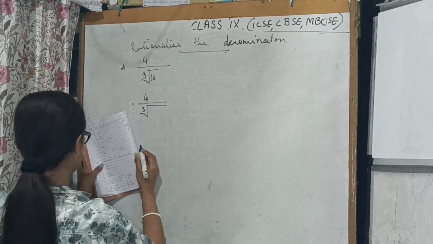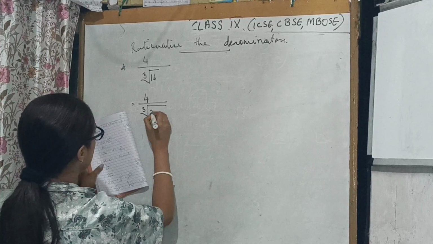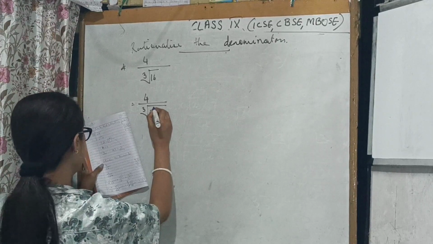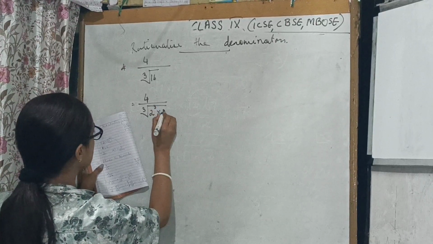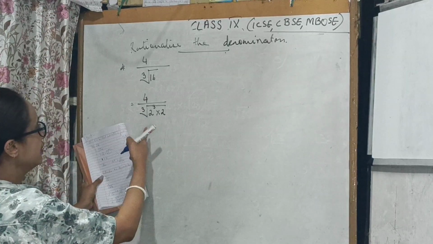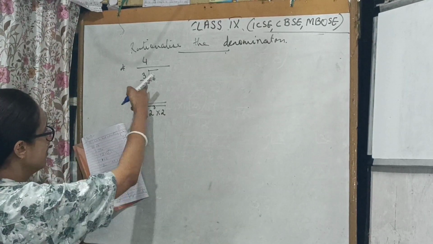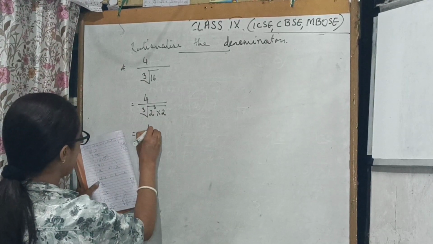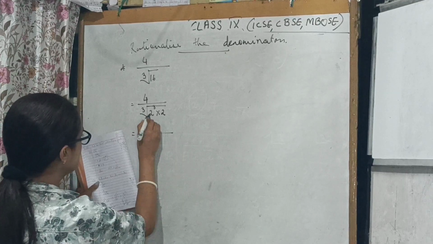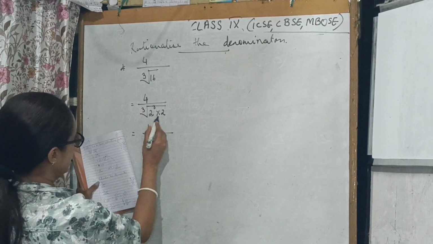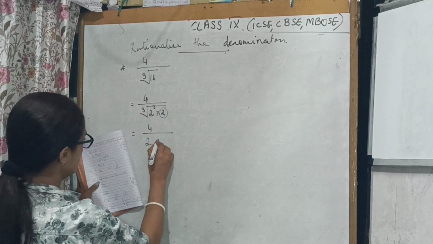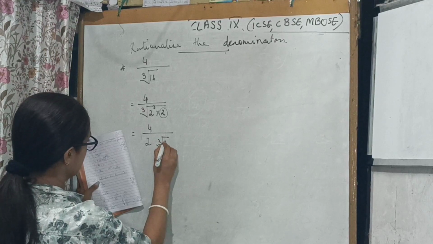It's third root. So the power has to be a 3. 2 cubed into 2 gives you 16. So what happens? This 2 comes out. The other 2 is still there inside the third root.